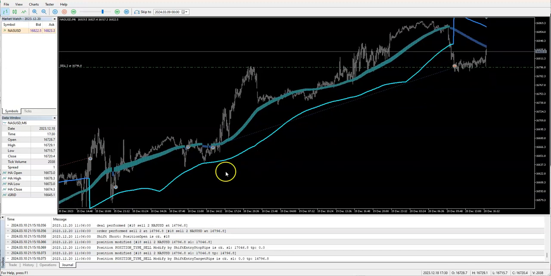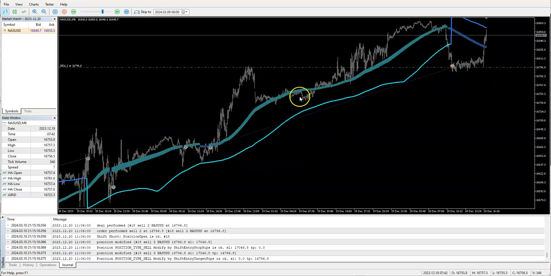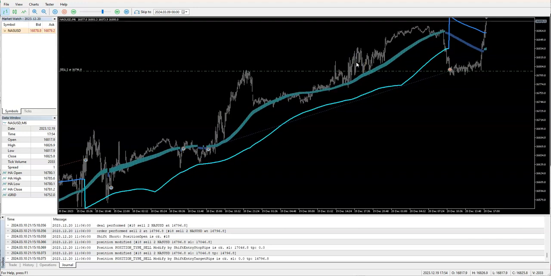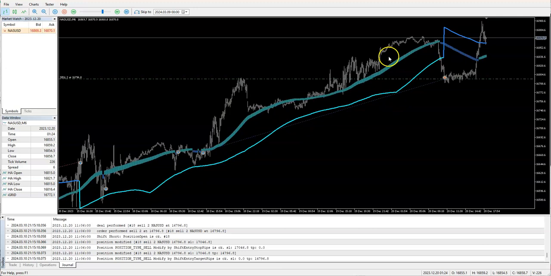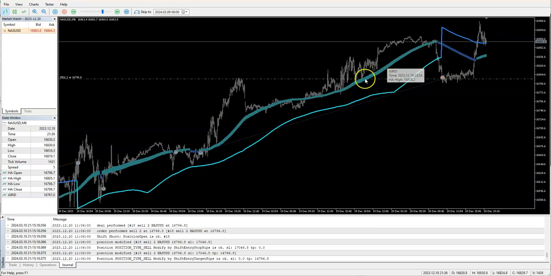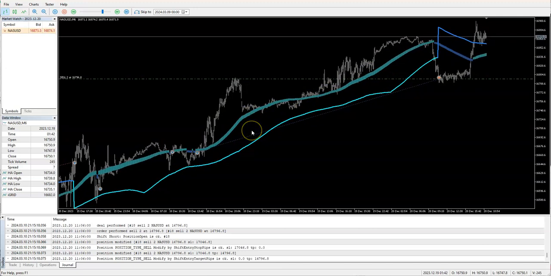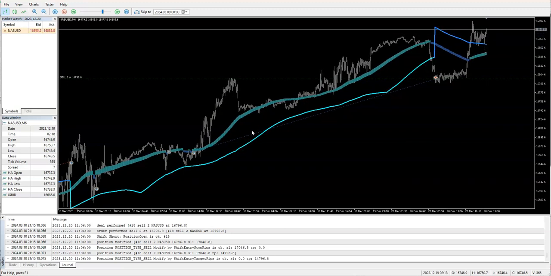So the beauty of the iGRID indicator is we have one portion of the indicator reading price. Our shift portion of the indicator is not reading price, it's reading our first portion of the indicator. So that adds what I call two-dimensional smoothing.